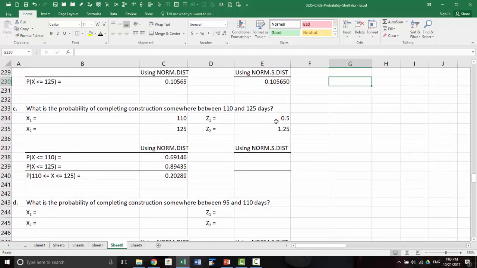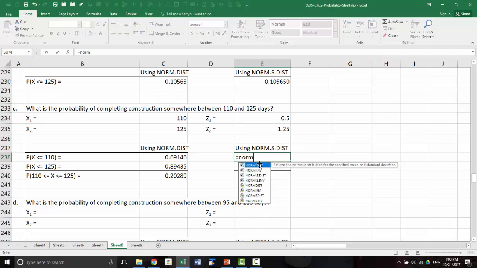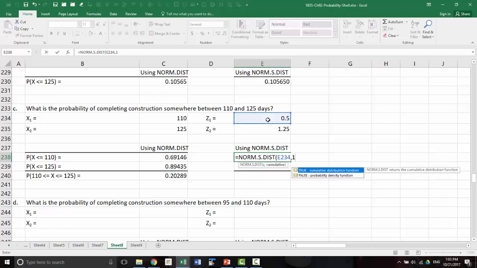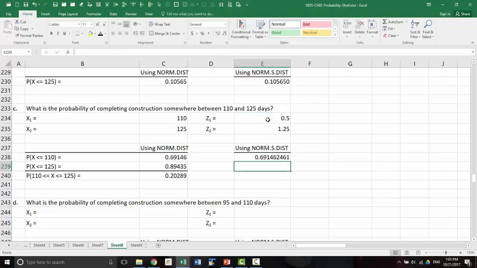So here are the z values, right? So then NORM.S.DIST of that, comma 1. And then for that, both are cumulative, so just subtract, you get the answer. So you can use either one of these.